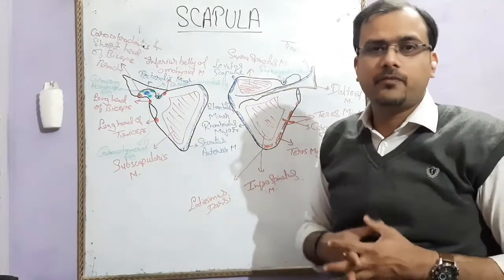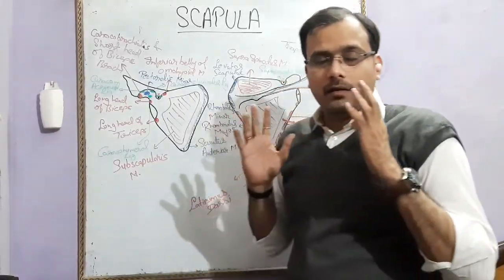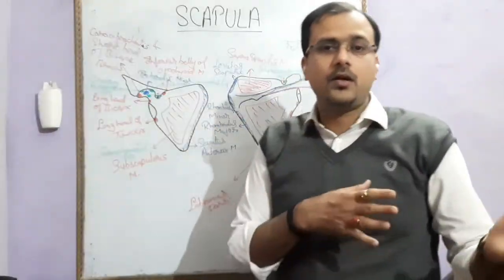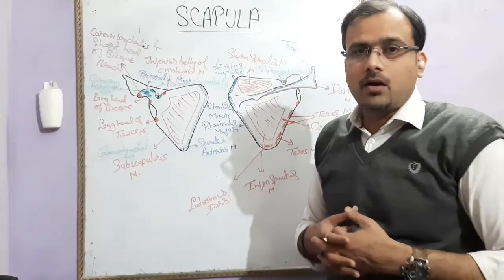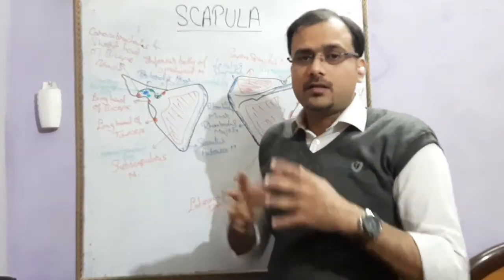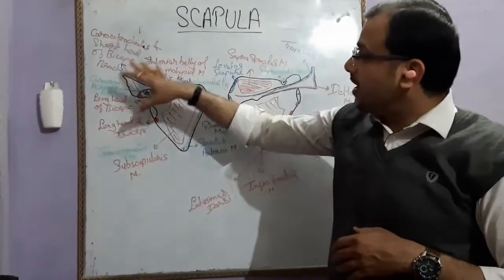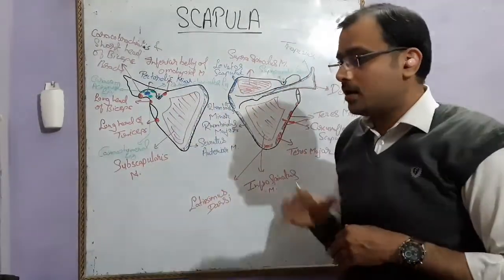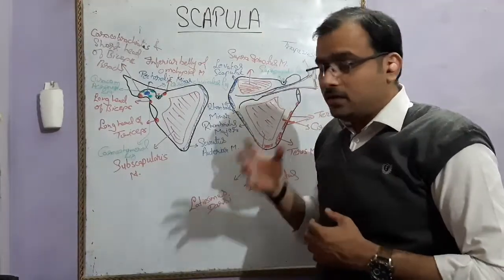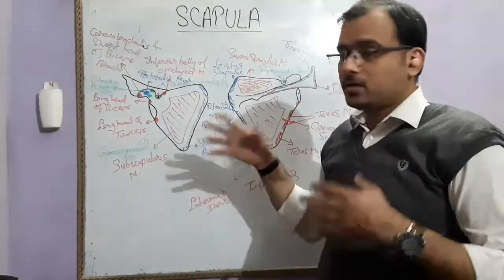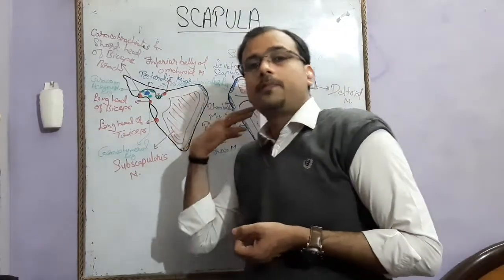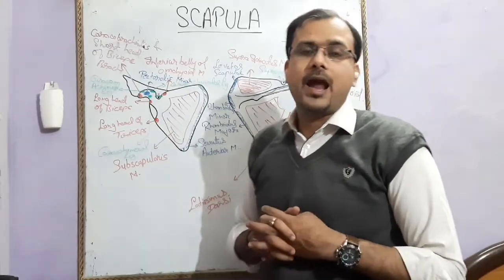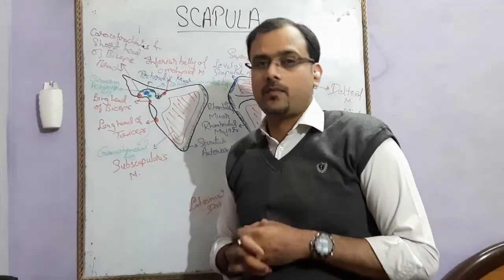But due to some factor, non-descent of the scapula occurs, a failure of descent of the scapula. In this condition, the scapula remains in the neck region. This condition is known as Sprengel's deformity.